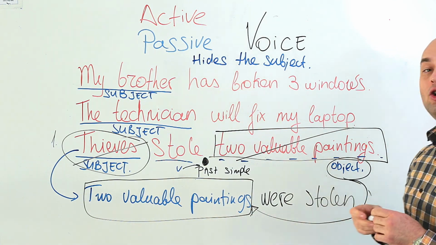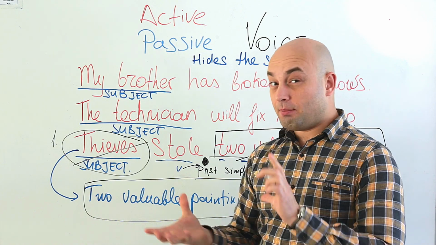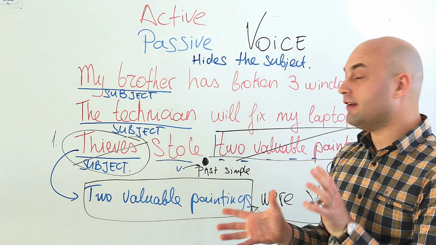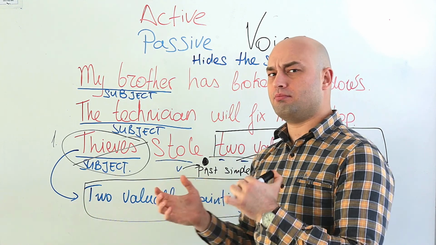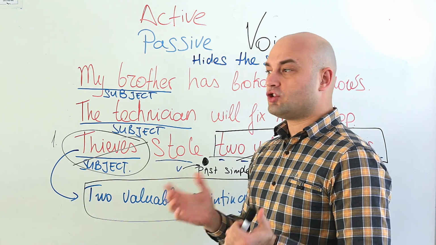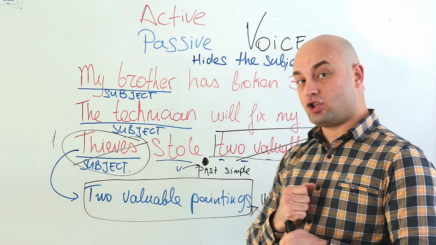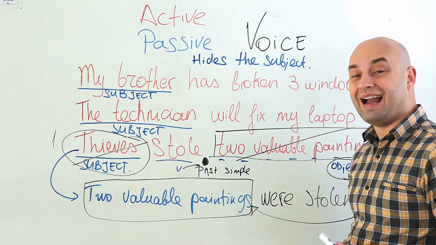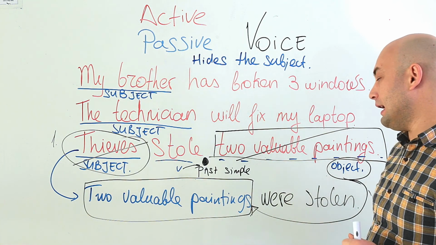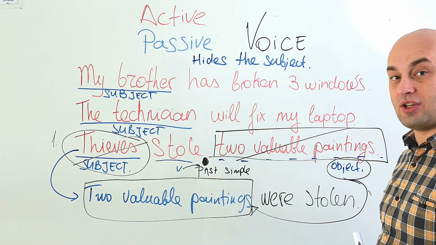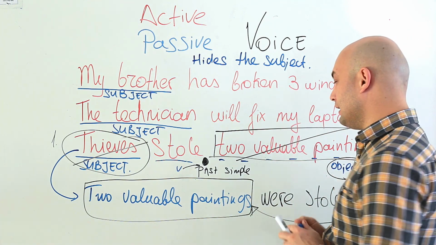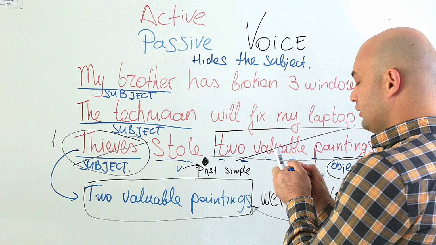But I cannot use the same verb tense, because I cannot use the verb in the same form, because I've changed the grammar of the sentence. Maybe you haven't noticed yet, but I've changed my sentence a lot. So when I change my sentence that much, I need to insert a verb. And what verb do I insert? I need to insert the verb to be. I'll just write be.